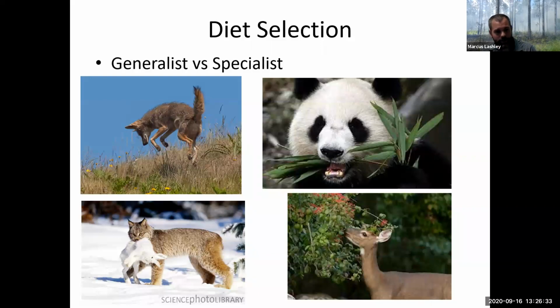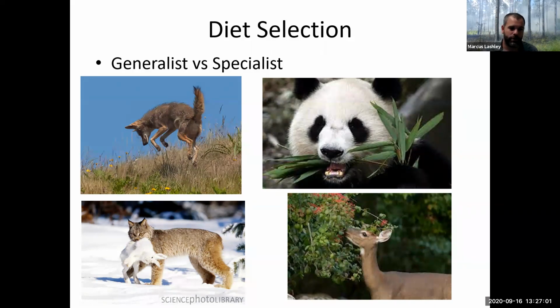Deer, they're primarily eating plant parts, right, leaves, but they also eat fruits, and they eat tons of different species of plants. So not really the same kind of specialists as we're seeing in this panda that's really restricted to the leaves of just a couple of species. The deer is pretty general in terms of its dietary choices, but it is still sort of specialized on plants. It is an herbivore, right?